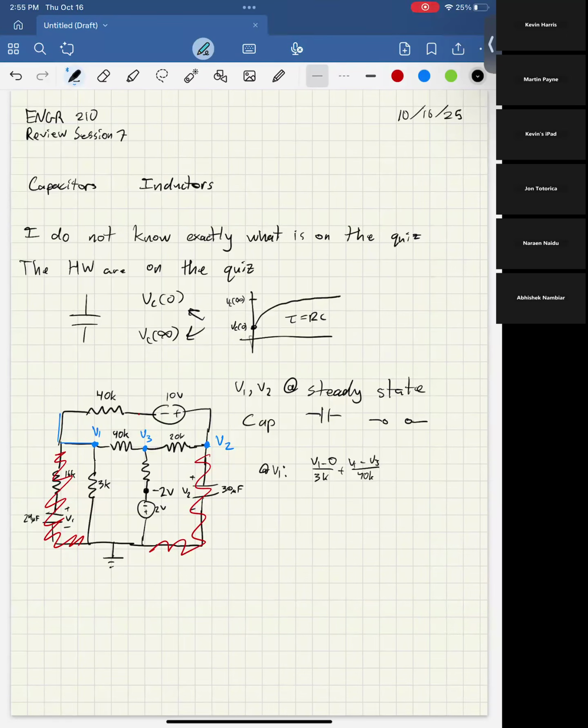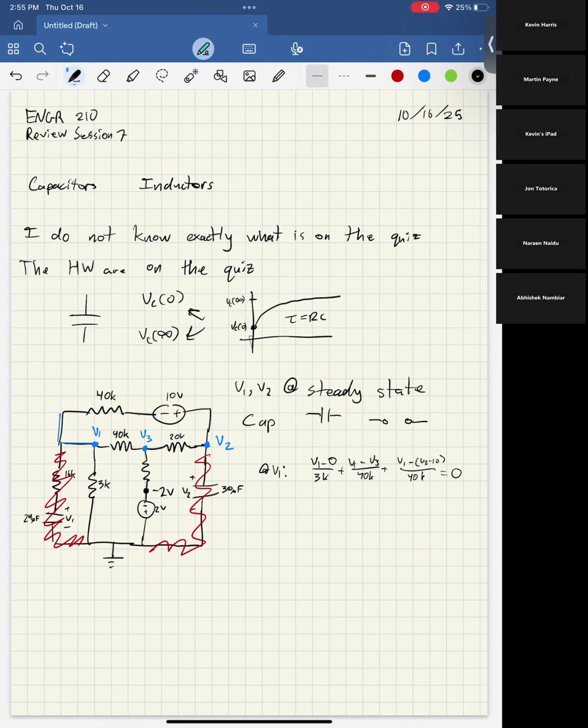And to the left, we have V1 here, and then here we have V2 minus 10 volts, because we have V2 here, and between this side and this side there is a 10 volt difference. So if we have V2 here, then this has to be V2 minus 10. So plus V1 minus V2 minus 10 over 40K equals 0.